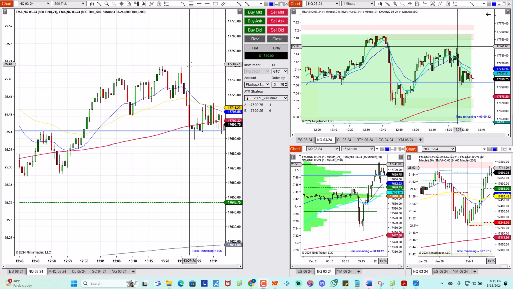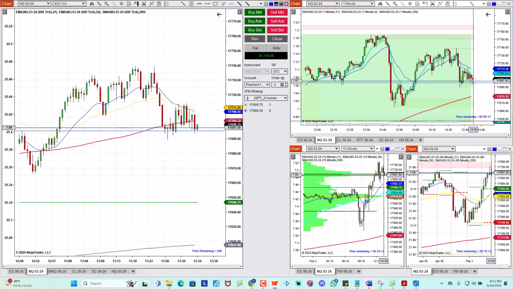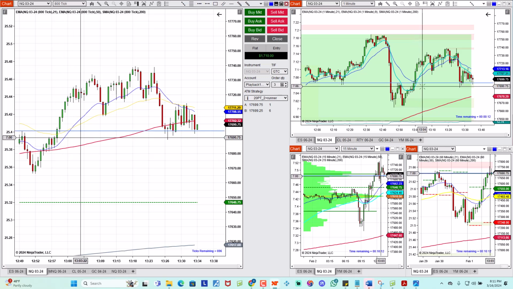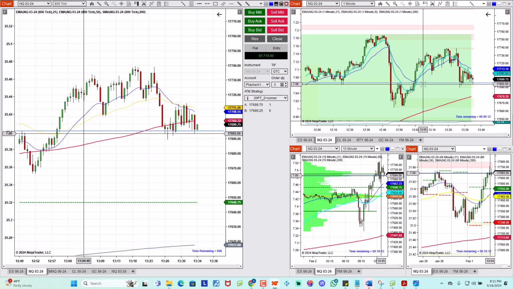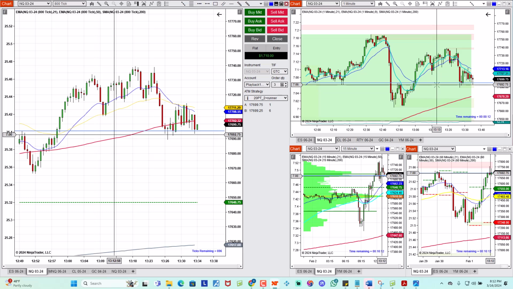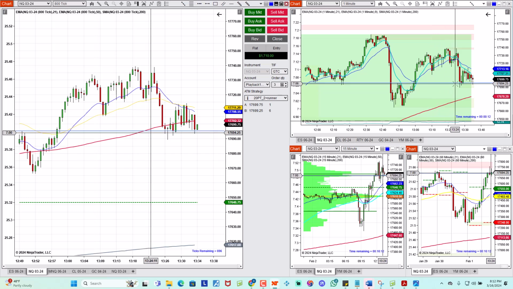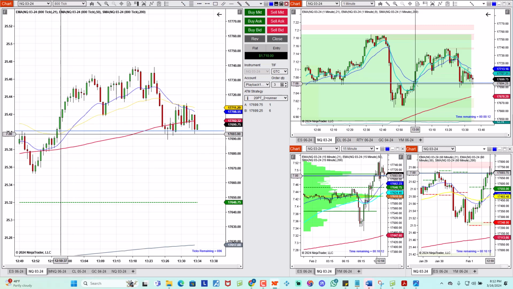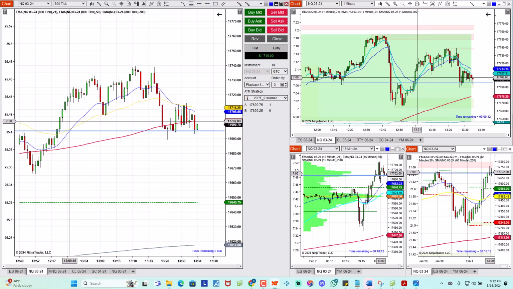So as you can see, now price is in the area where they are retesting the neck right there. Now if you are an ICT trader, you can see there's also a small fair value gap in that same location right here. I don't exactly trade everything ICT, but I know about fair value gap, the imbalance stuff, because ICT didn't come up with it.